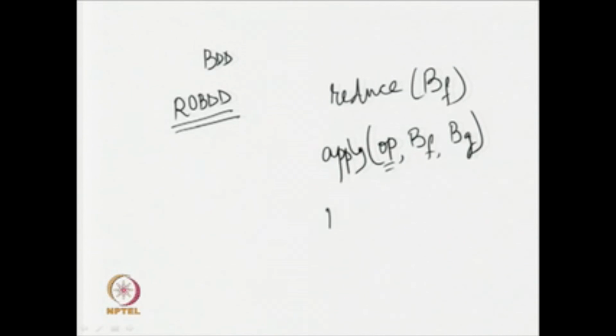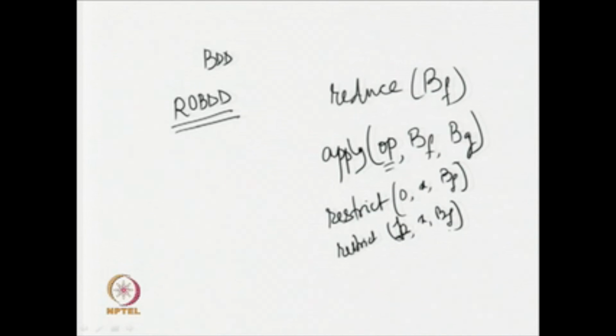We have seen another distinct algorithm which is restrict. We can restrict the function on some variable to be 0 or 1. So, I can say restrict 0 x B f, or restrict 1 x B f. Okay. So, this is the restrict operation, and we have seen another algorithm which is exists.